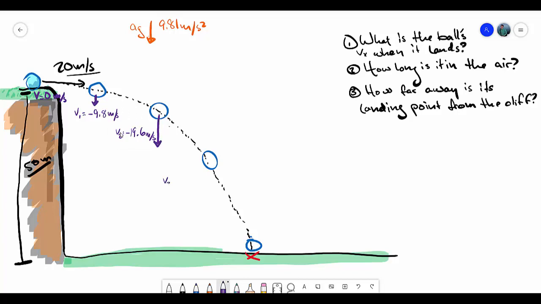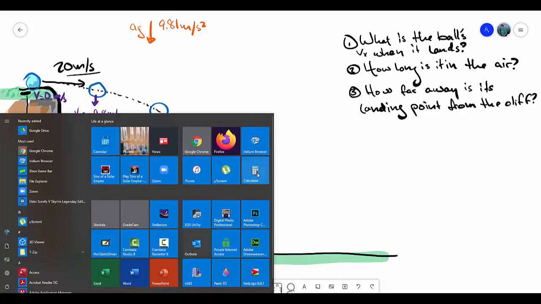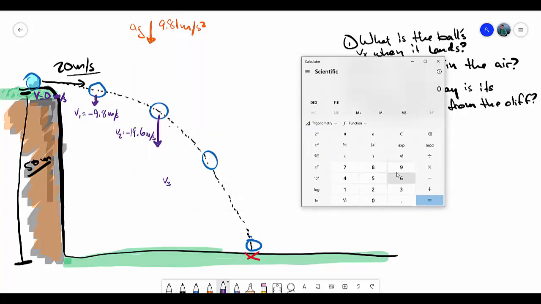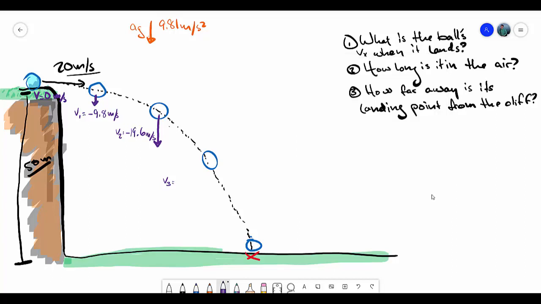At V3, we add another negative 9.8 to the values over here. So negative 19.6 minus 9.8 gives us negative 29.4 meters per second, and the arrow is going to be a little longer.